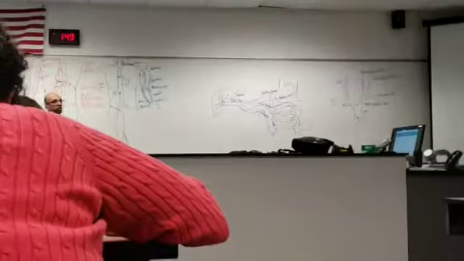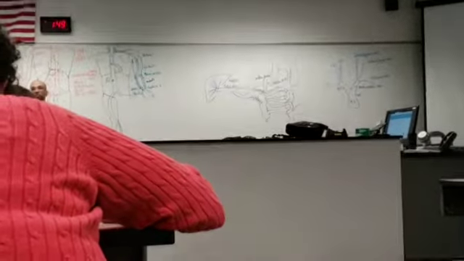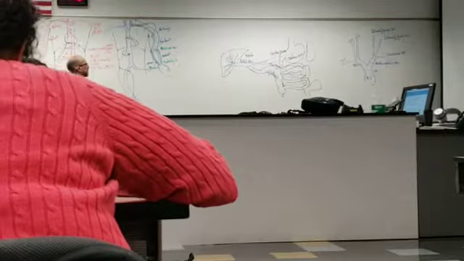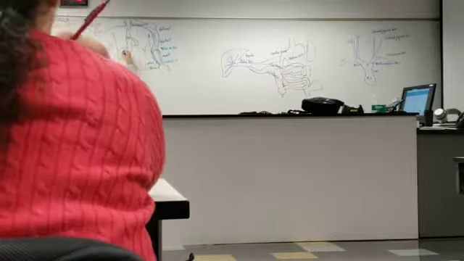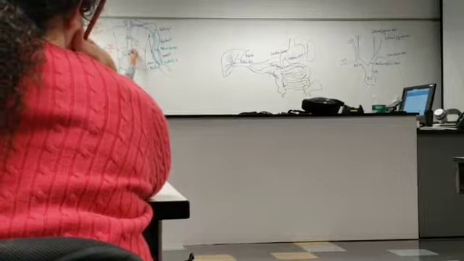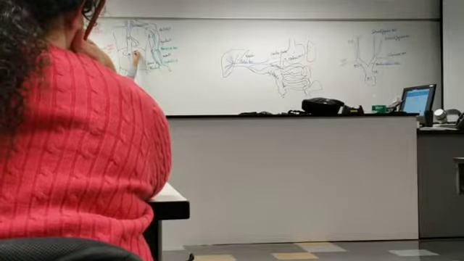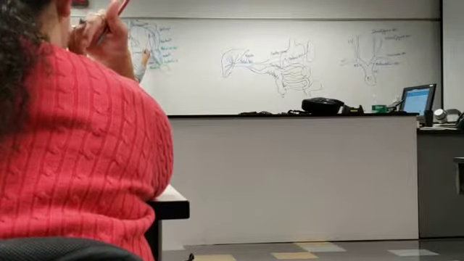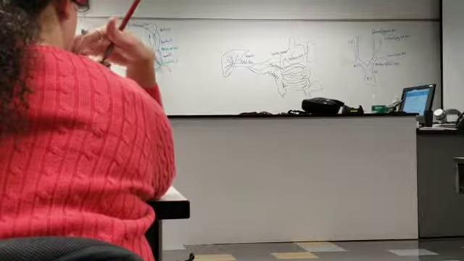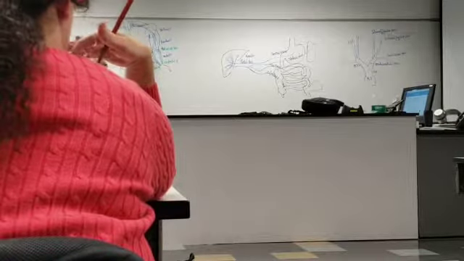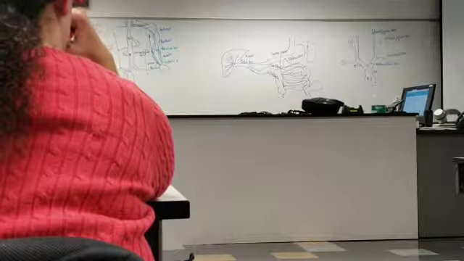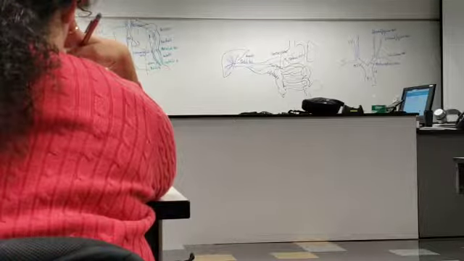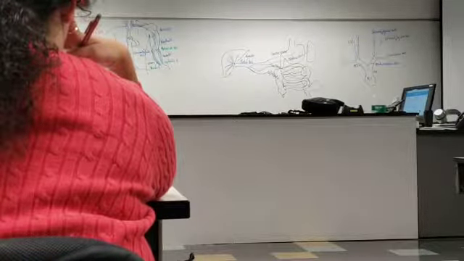to a vessel in here. This is my inferior vena cava, and this would be my common hepatic vein. Why is it the common hepatic vein? Because we're going to have two smaller ones that will fuse and form the common hepatic vein.